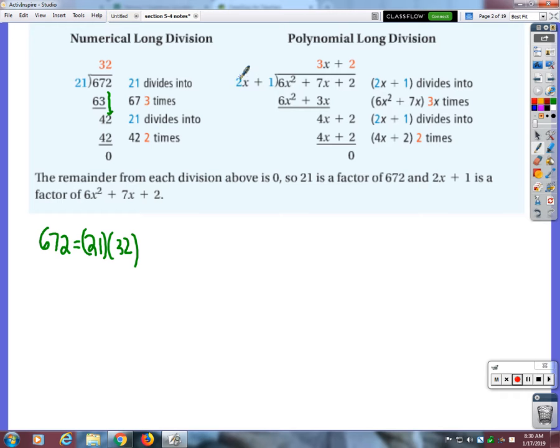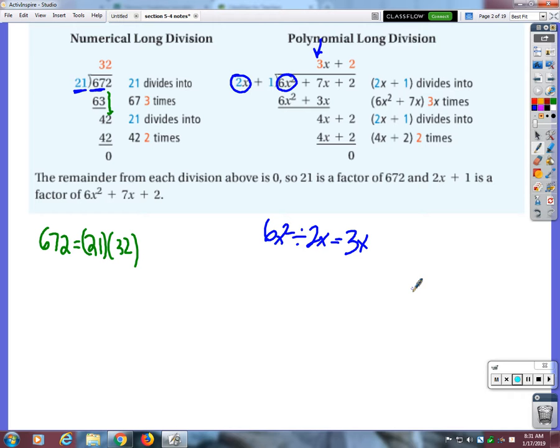What is 6x squared divided by 2x? 6 divided by 2 is 3. And then if I divide x squared by x, then I get x. So that's why there's a 3x right there. I would put it over here above the 6x squared.